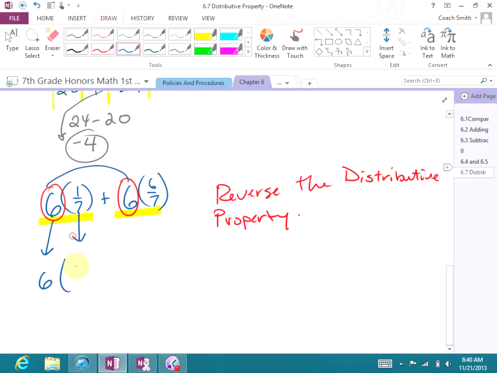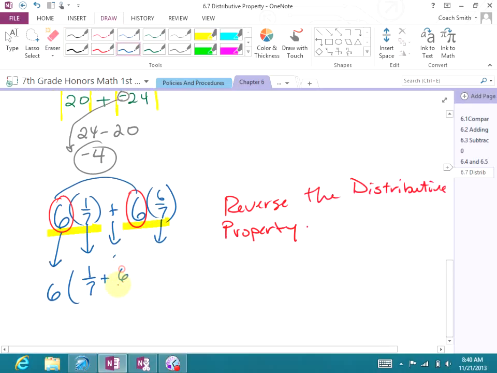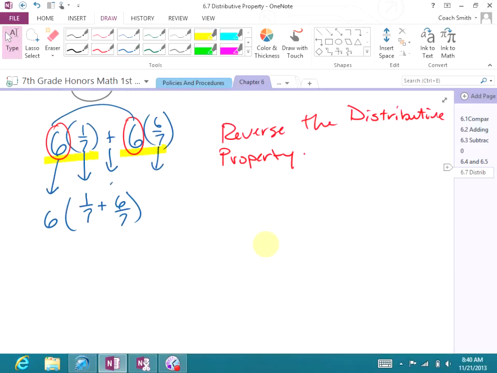I can bring the 1/7 down. I can bring the plus sign down. And I can bring the 6/7 down. Now that problem's easier. What's 1/7 plus 6/7? 7/7, which is 1. And so I'm just basically taking 6 times 1, which is 6.